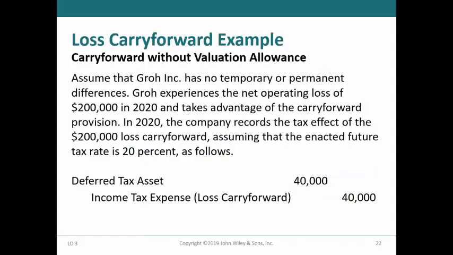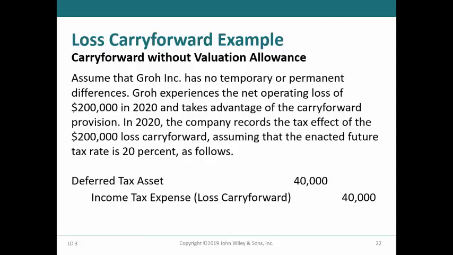To illustrate a net operating loss and the resulting deferred tax asset, we will assume that Grow Inc. has no other temporary or permanent differences but experiences a net operating loss of $200,000 in 2020.